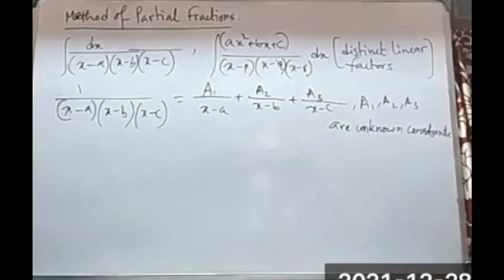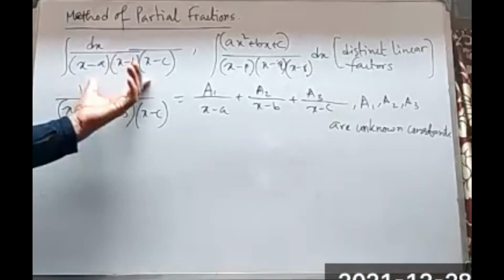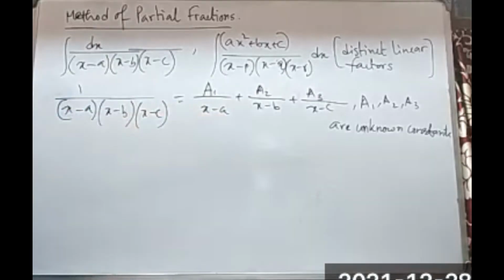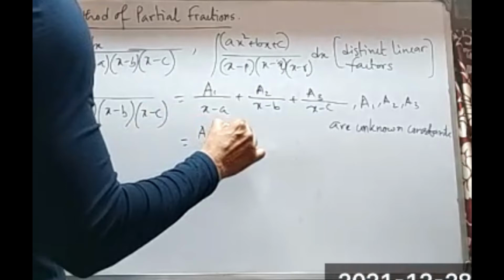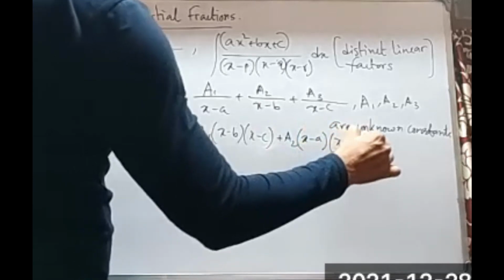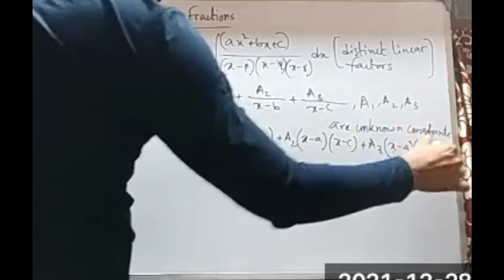So this is the thing. So we can write the distinct linear factors like this. Whenever this or this type of integrals will come, we'll consider it like this and then do the LCM on both sides. So if we do the LCM here, what we will get? A1 into x minus b, x minus c plus A2 into x minus a, x minus c plus A3 into x minus a into x minus b, whole divided by that LCM.